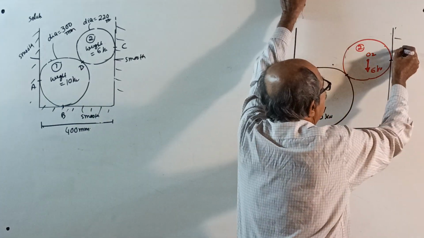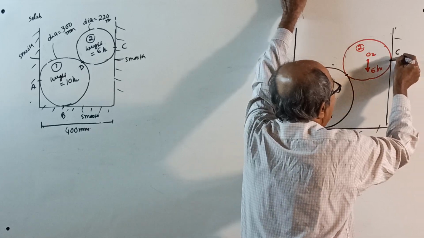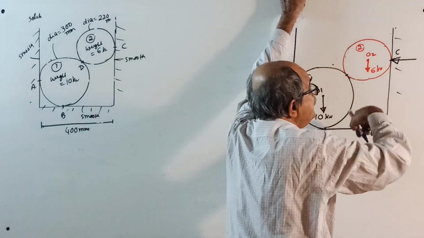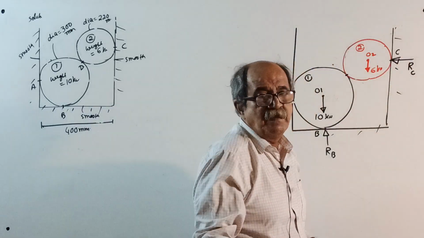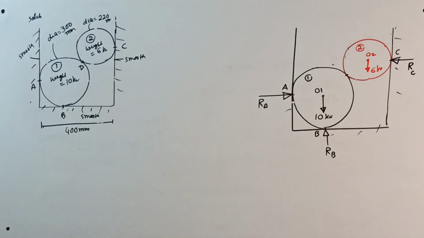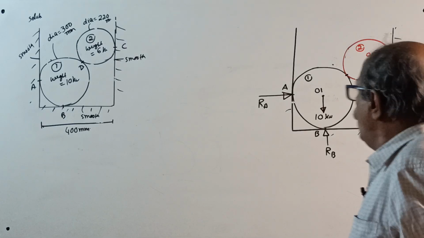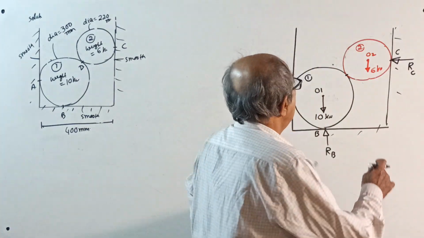I told you, for a smooth surface, reaction should always come towards it. This is RC. I hope it is within the camera.